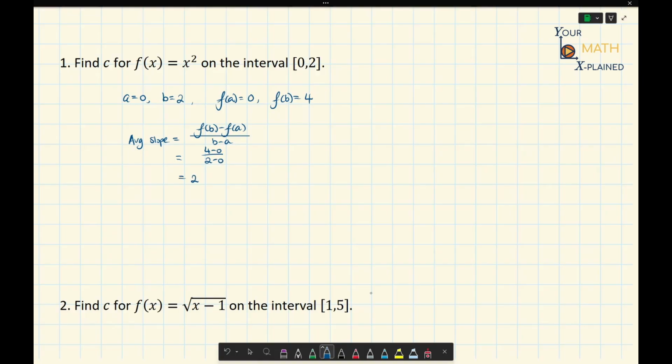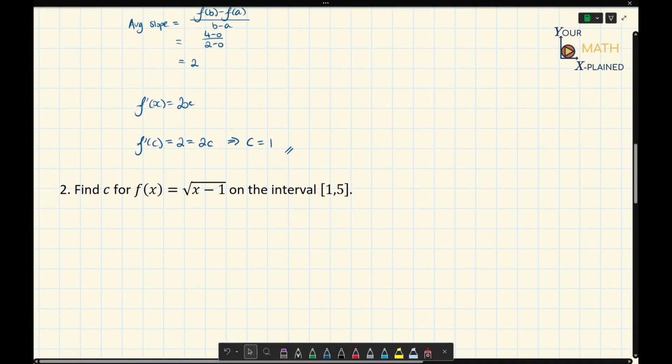So therefore, we want to find a c such that f prime of c is equal to 2, which means the first thing we need to do is to find the derivative of the function. So f prime of x is equal to 2x. And what we need is for f prime of c to be equal to 2. So therefore 2 is equal to 2c, which means c is equal to 1. So this would be our final answer.